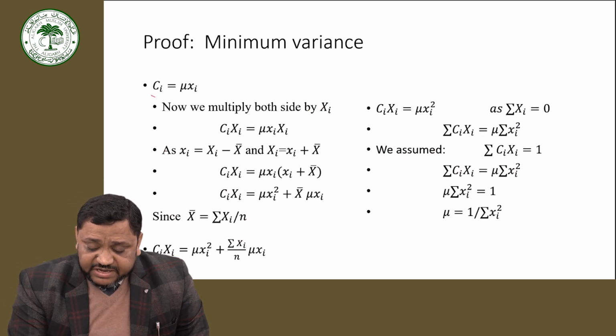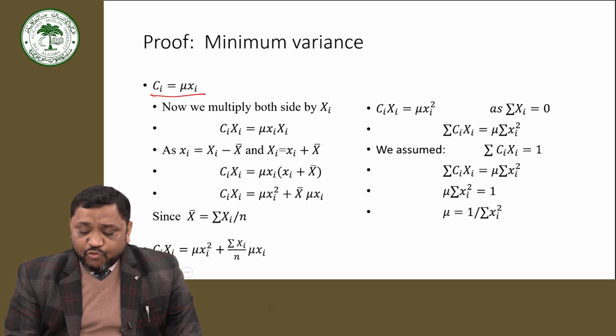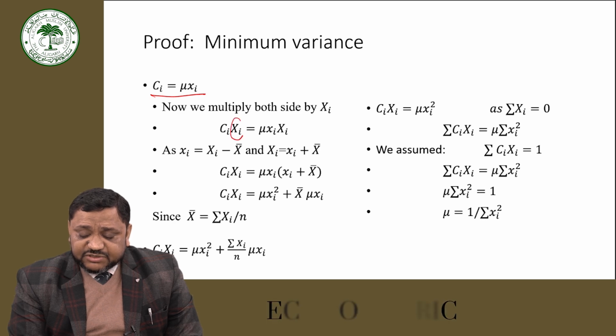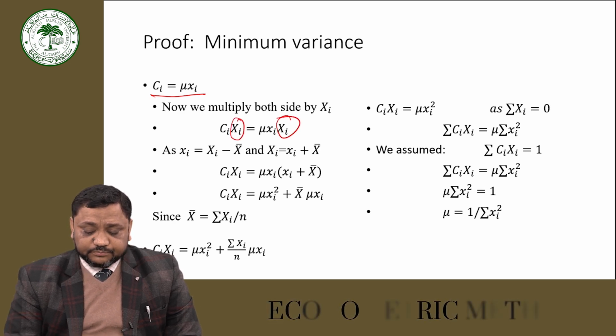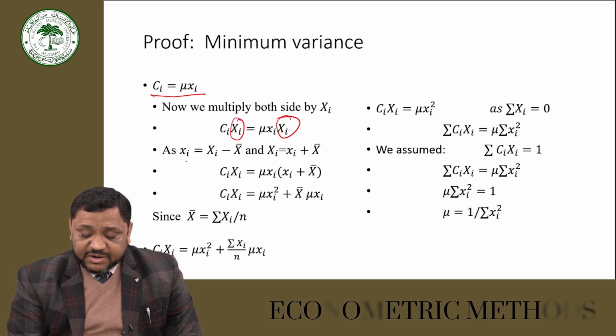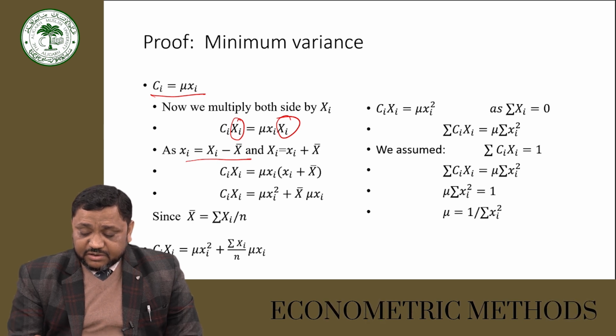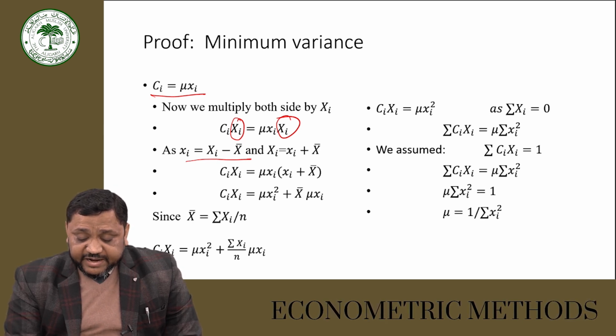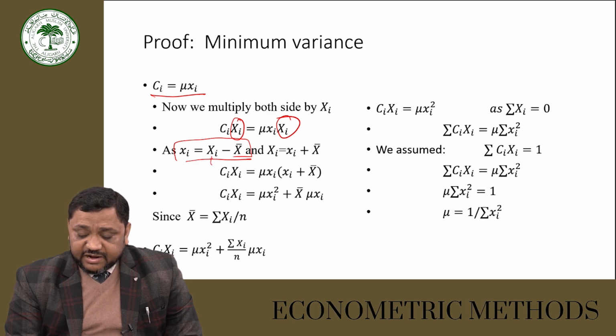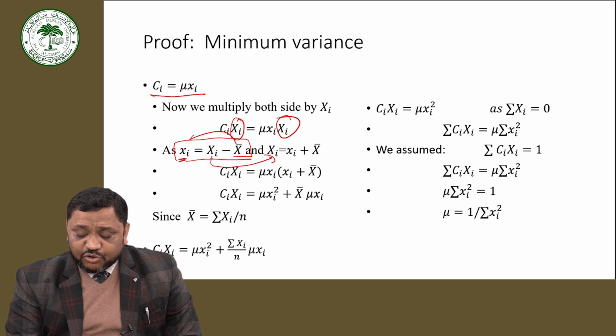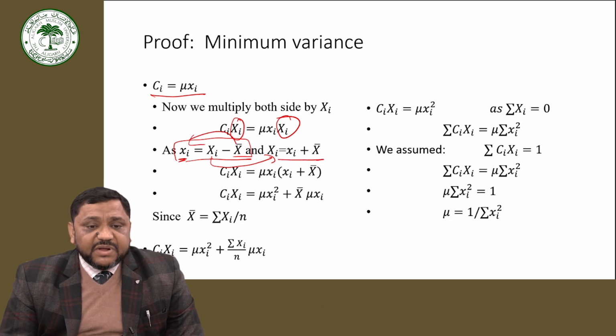Now once we have ci is equal to mu xi, we multiply both the sides by Xi. Small xi is nothing but Xi minus x bar, and if we rearrange this and write it in terms of Xi, we can write Xi is equal to small xi plus x bar.